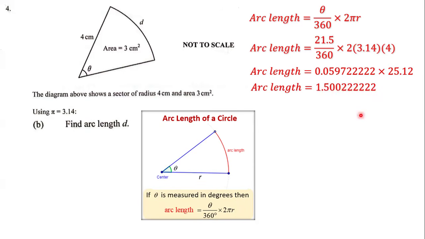Now we're going to round this correct to 1 decimal place. And notice that this digit is 0. And so since it's less than 5, we cannot round up. And so 5 remains the same. So we have that D is equal to 1.5 centimeters. And so that means that the arc length D is equal to 1.5 centimeters, correct to 1 decimal place.